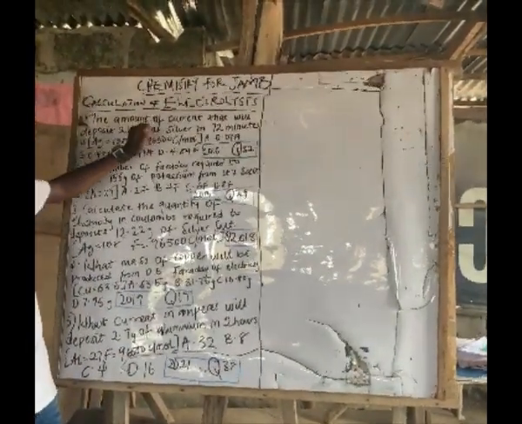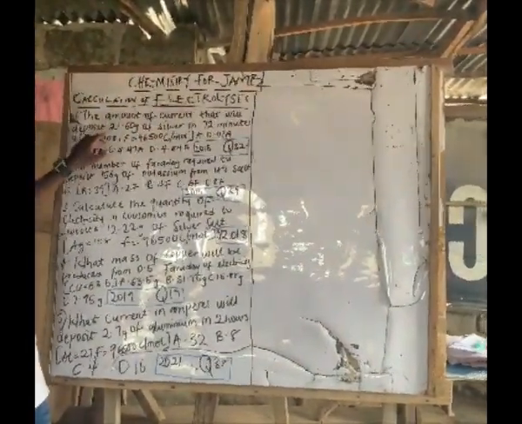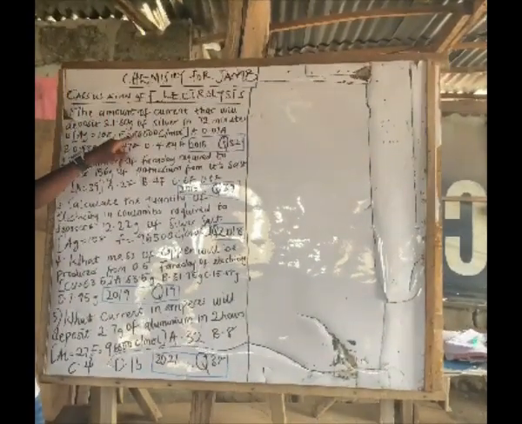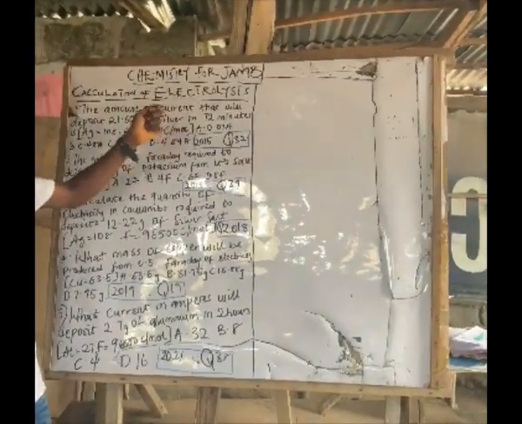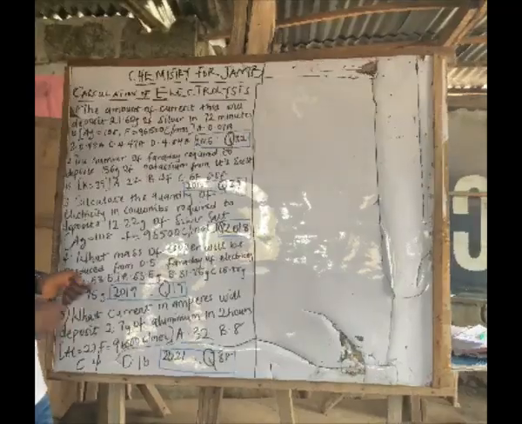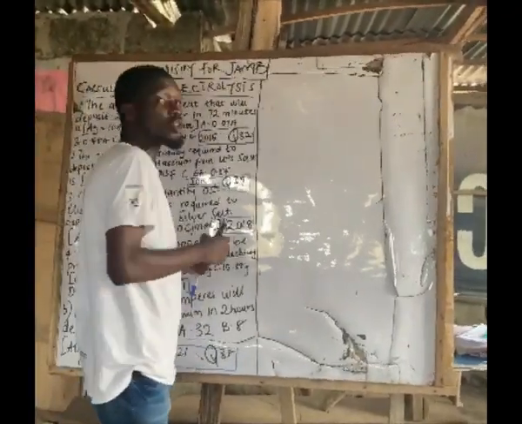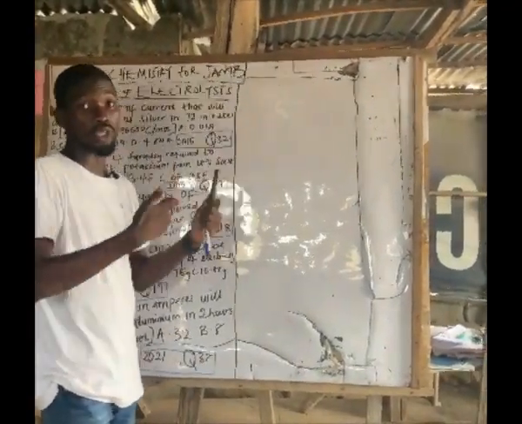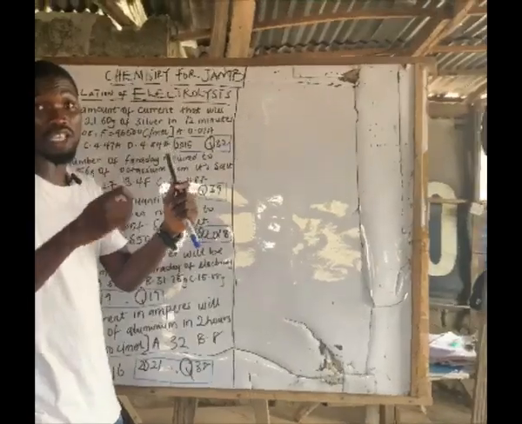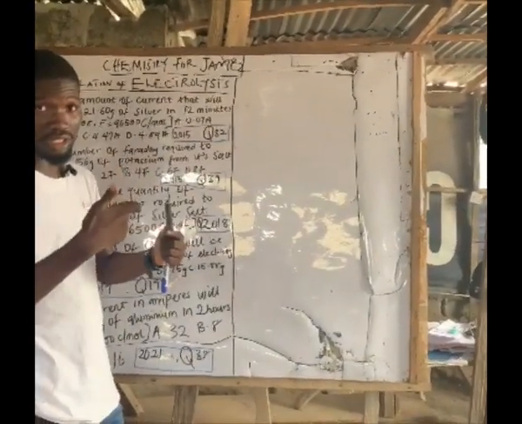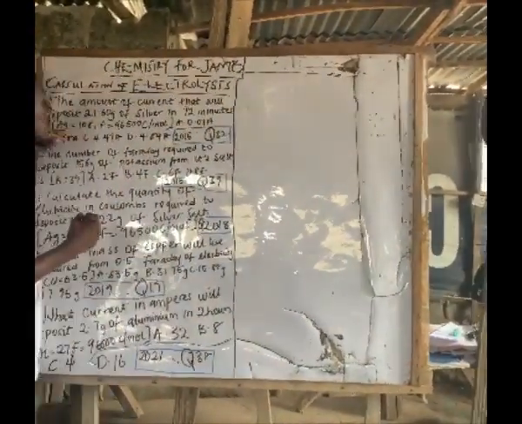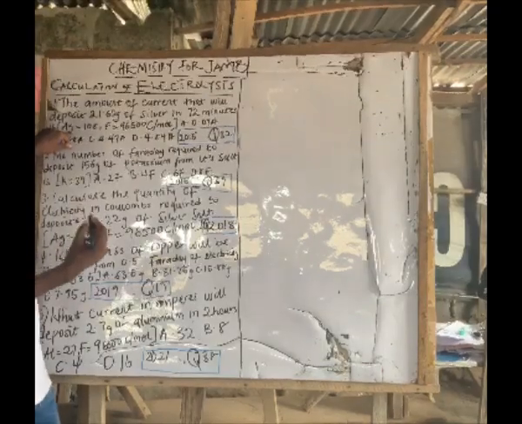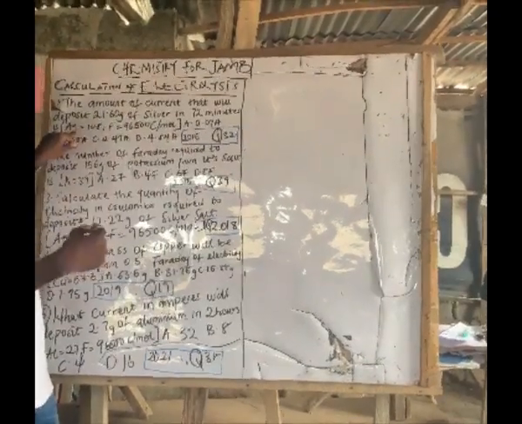So we have the amount of current that will deposit 1.60 gram of silver in 72 minutes. The first thing is, I gave you an illustration of how you can easily write out the equation of each element. I show silver because there are some elements that JAMB always play with every year.